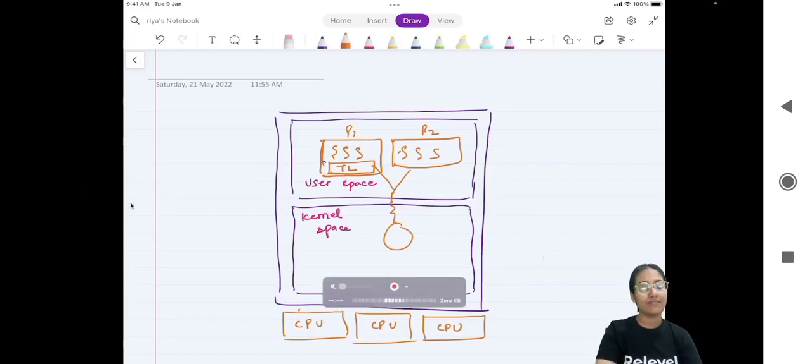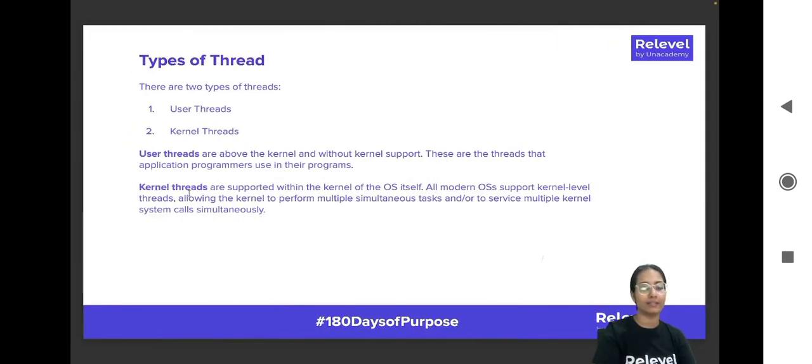Whereas kernel level threads are supported within the kernel of the operating system. All modern operating systems support kernel level threads, allowing the kernel to perform simultaneous tasks and to service multiple kernel calls simultaneously. So the threads created by the user itself for the execution of a process and for any task are user level threads.